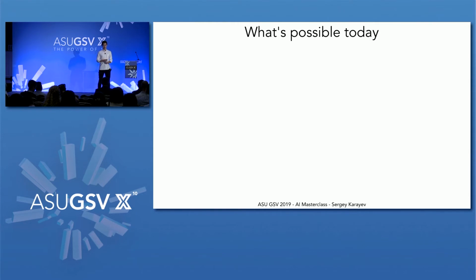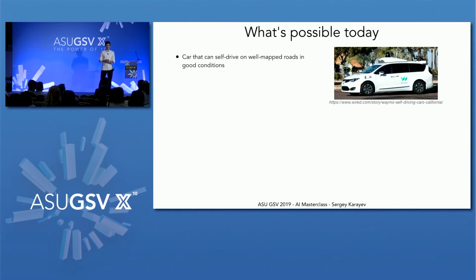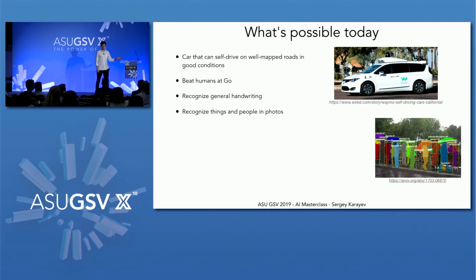Now, what's possible today? We have cars that can pretty much drive on a lot of roads, not just freeways, and in a wide range of conditions, but maybe not the rain or heavy snow. We can beat humans at Go. We can recognize all kinds of handwriting. We can recognize things in people and photos.